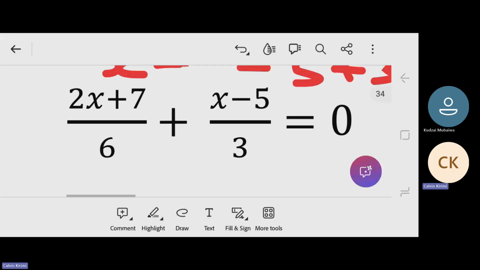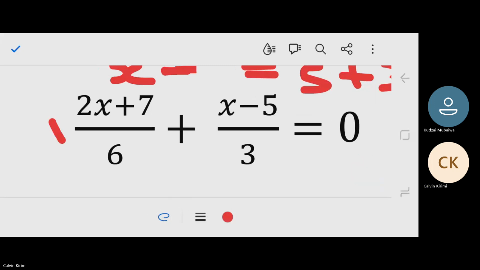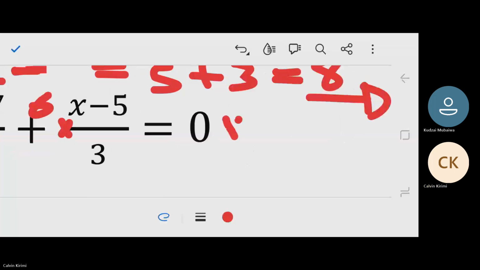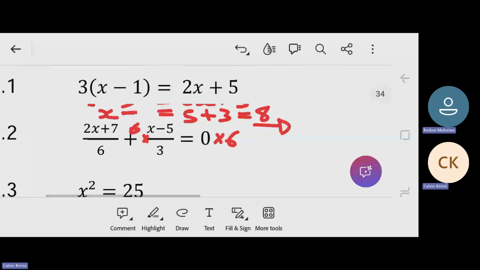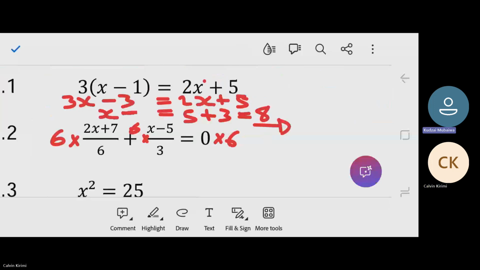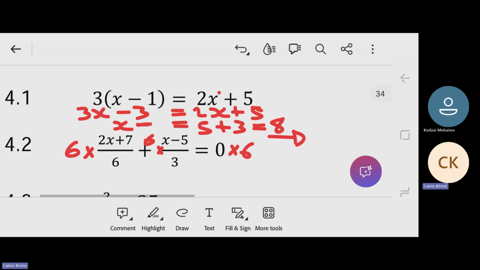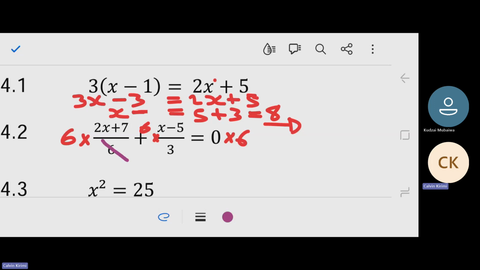So you multiply by 6 here, you also multiply by 6 there, and the 0 you also multiply by 6. If you multiply everything by 6, some terms are going to cancel since you want to get rid of the fraction: the 6 and the 6 cancel, and the 3 and that one cancel, but a 2 is left.